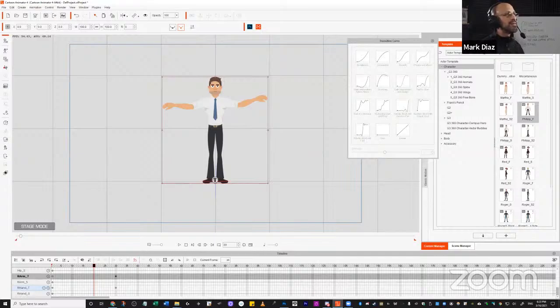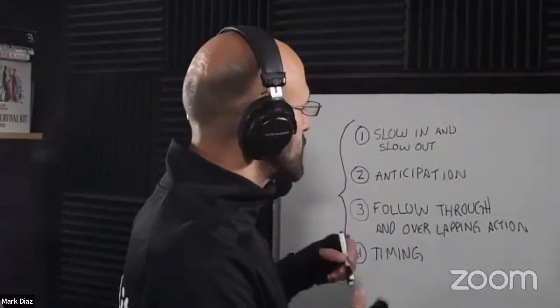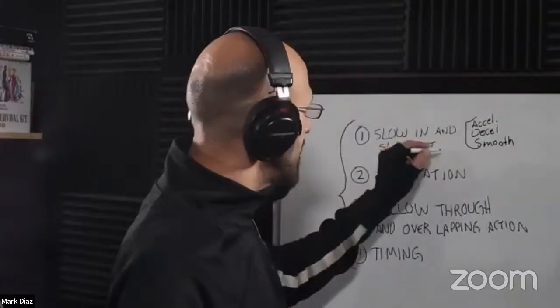So very easily, all you have to do is pick a transition that is accelerate, decelerate, or smooth. And that applies slow in and slow out, right? And those three in Cartoon Animator are these three.